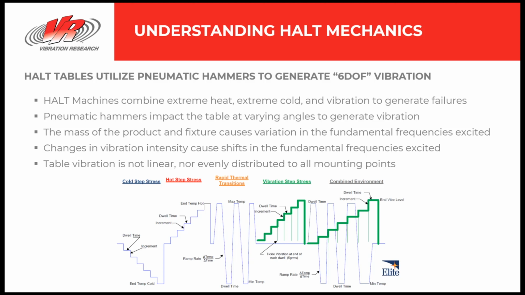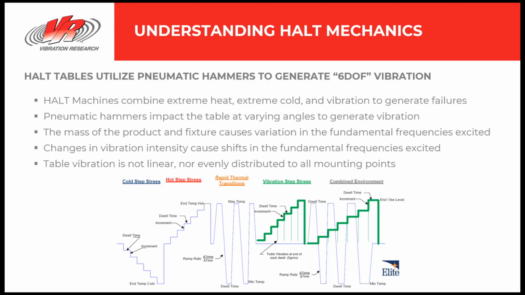So this is where the question comes up: my product fails in mounting location 1 on my table, but not on 2 or 3 or 4. This can be because the intensity of the vibration is significantly higher in one point when compared to another. So the table vibration is not perfectly linear.